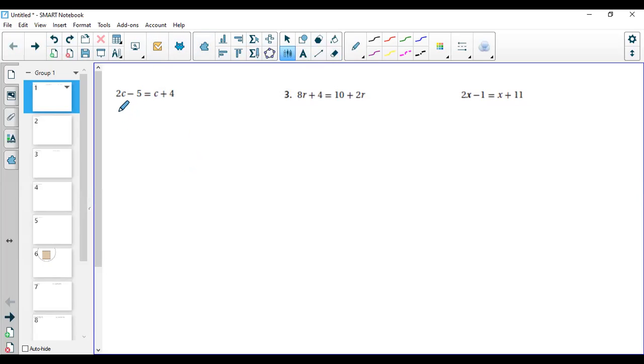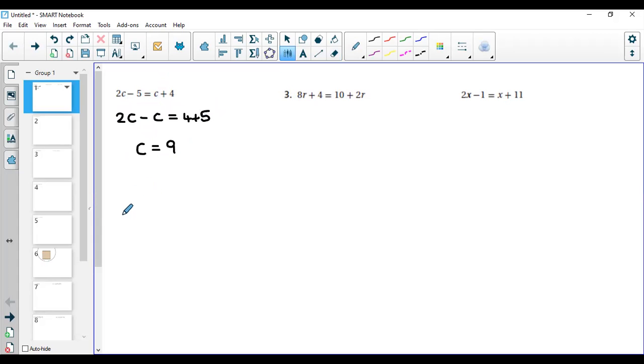So I leave the 2c there, and this c I will move to the other side. As a result, it becomes a negative c, equals 4 plus 5. So that means 2 minus 1 will give us 1, but I'm not going to write 1c. I will only write c equals 9.